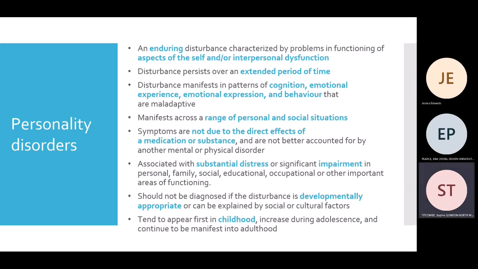And that point about developmentally age-appropriate behaviour is why we tend not to give a personality disorder diagnosis within childhood. Although some of those behaviours relating to a particular personality disorder might be present from childhood, it's only when we're getting into late adolescence that the diagnosis tends to be given, with the symptoms being present in childhood and continuing to progress throughout adolescence and into adult life.